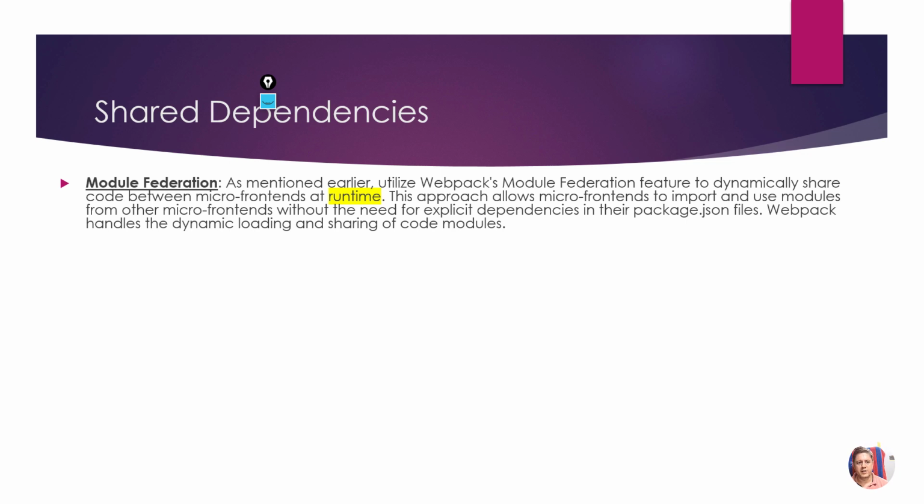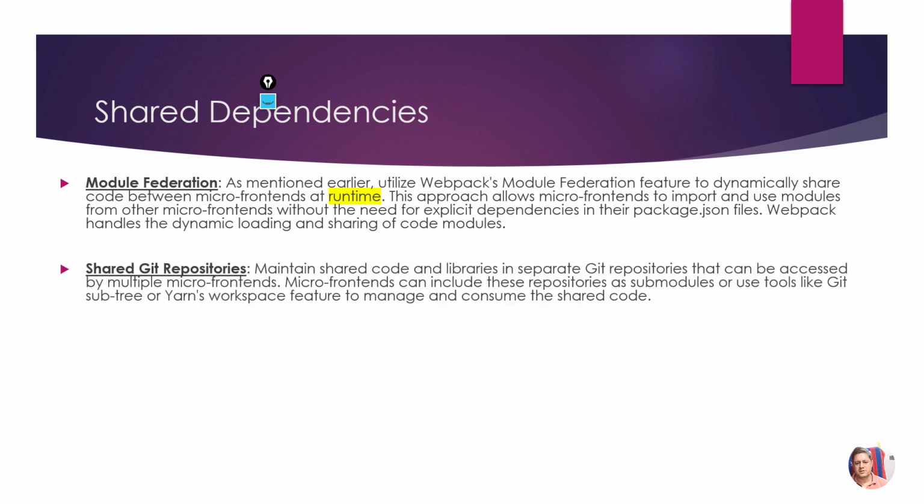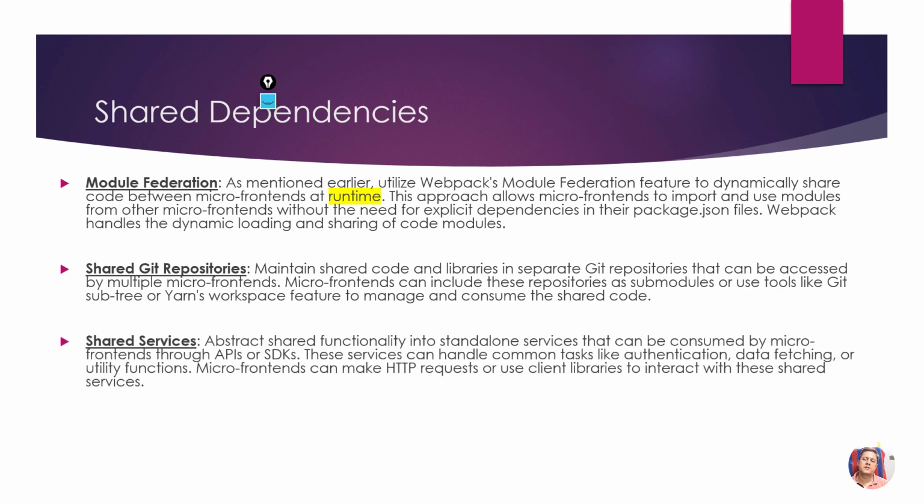I already told you that the module federation plugin is responsible for running the code at runtime, connecting different MFEs with each other, so you just need to make some changes in the package.json files and webpack config files. We can have a shared git repository also, so that you can put your code in multiple repositories, or you can put the code into one git repository and deploy that repository to production.